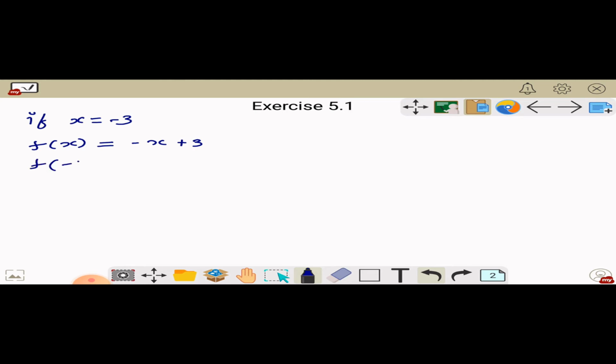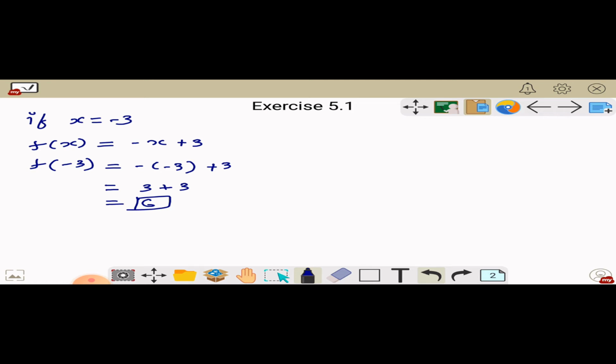So f of minus 3 is equal to minus, now we put the value of x here, minus of minus 3 plus 3, which is equal to 3 plus 3, which is equal to 6. So at x equals minus 3, f of minus 3 is 6.